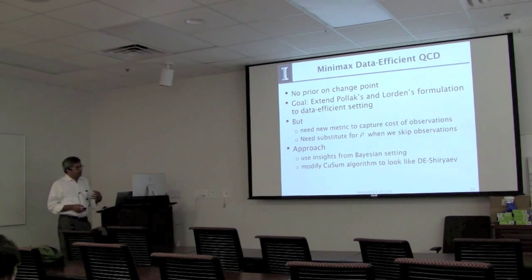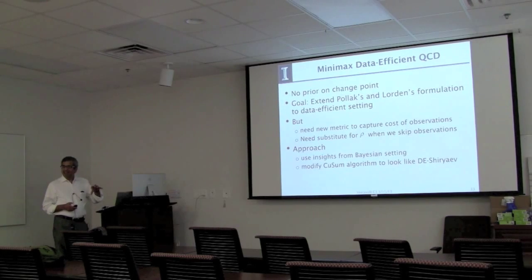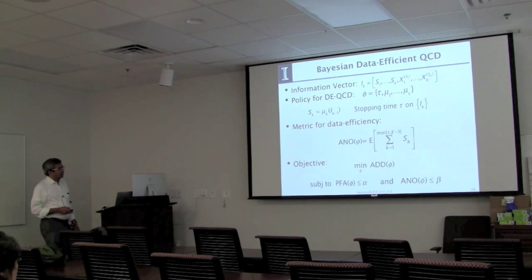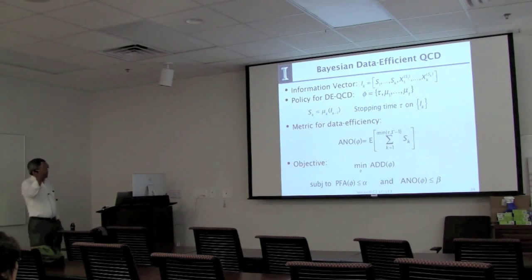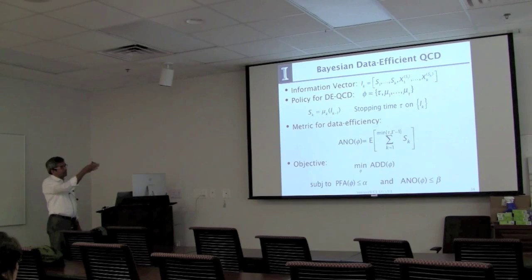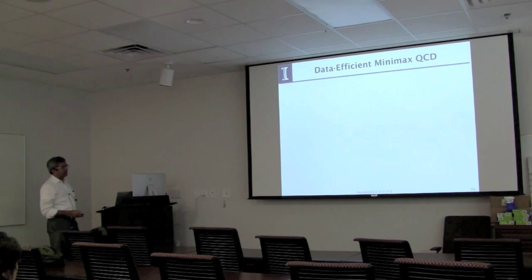So what we did in this case was to take the test from the Bayesian setting and basically translate it into the Minimax setting, and then prove that that test is asymptotically optimal in the Minimax setting. Okay. So first, this is the Bayesian setting. So we had this metric of data efficiency, right? So we need a new metric now that doesn't involve this prior on gamma.